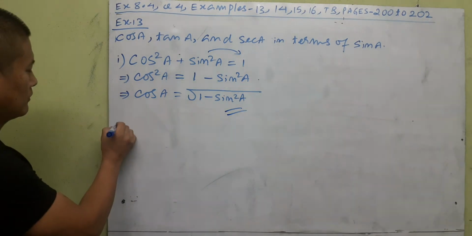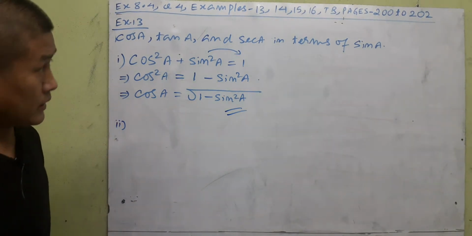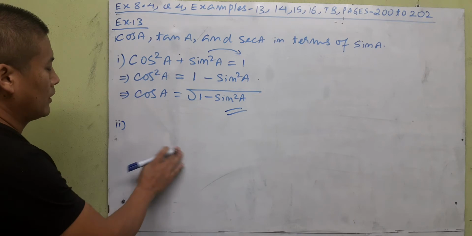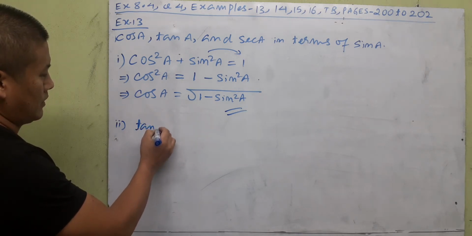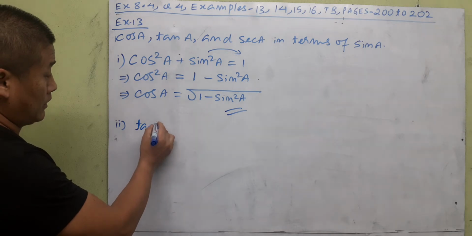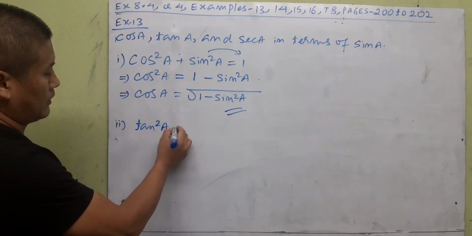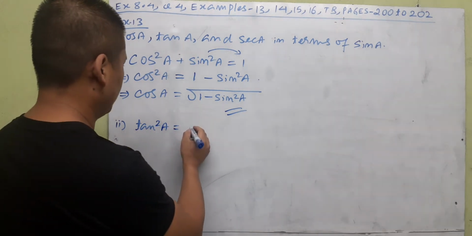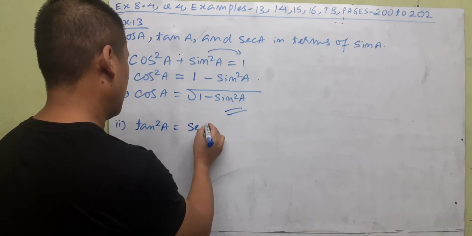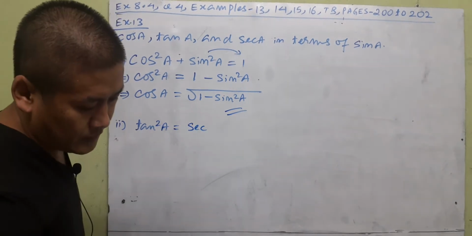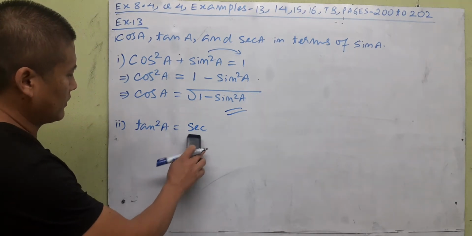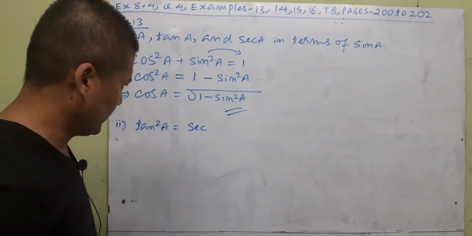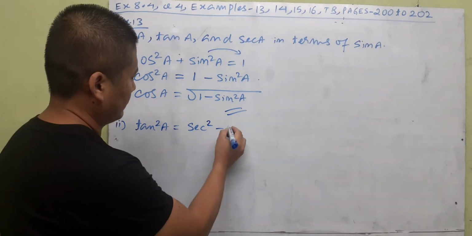Then number 2, tan A. We know that tan square A equals sec square A minus 1.